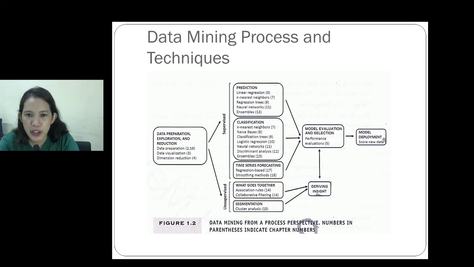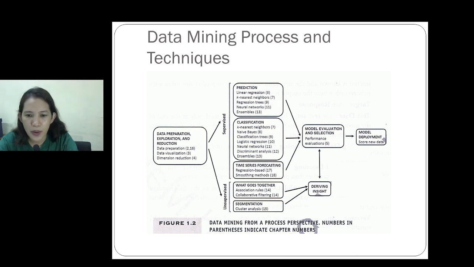We have prediction algorithms such as linear regression, k-nearest neighbors, regression trees, neural networks, ensembles. Under classification, we have k-nearest neighbors, naive Bayes, classification trees, logistic regression, neural networks, discriminant analysis, ensembles. Time series forecasting are regression-based and smoothing methods.